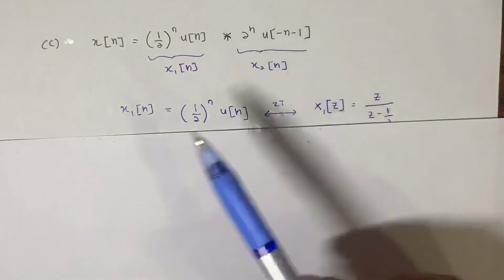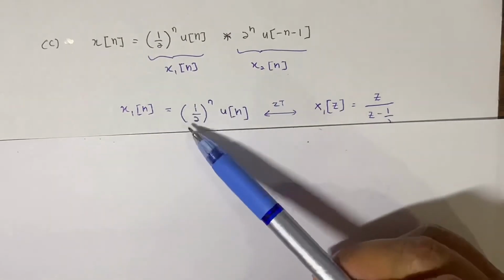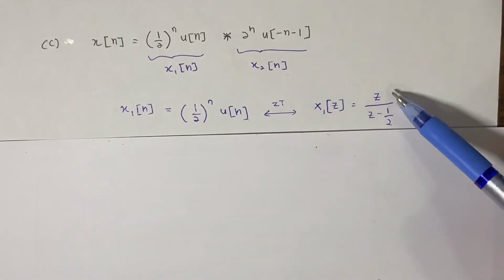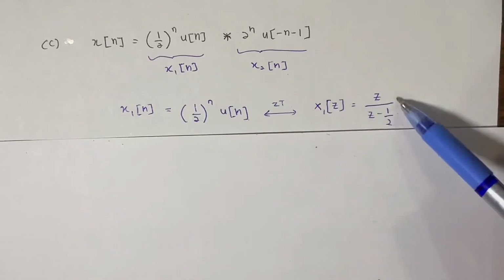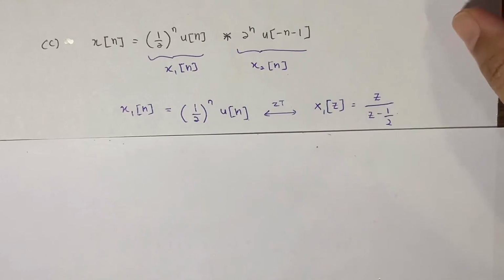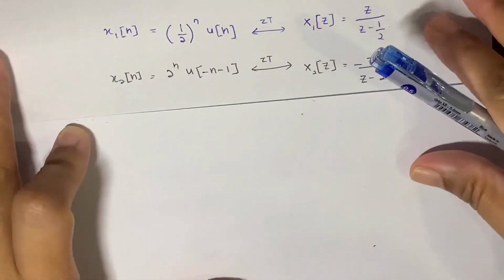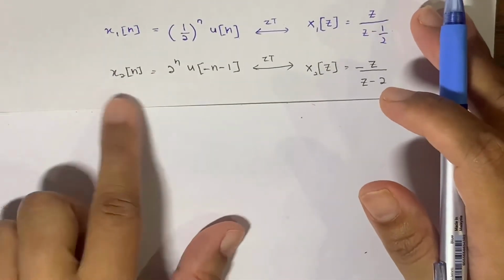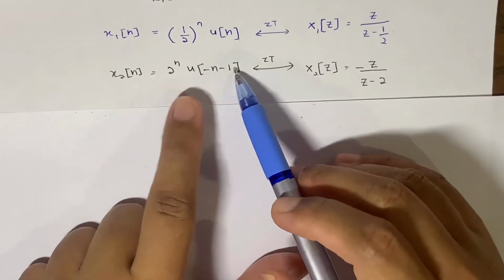We perform the z transform for x1[n], which is 1 over 2 to the power of n u[n]. Performing the z transform, you will get this equation, which you can find in the z transform pairs table. And then the second signal is x2[n], 2 to the power of n u[negative n negative 1].